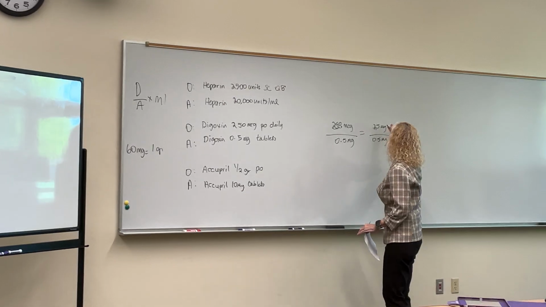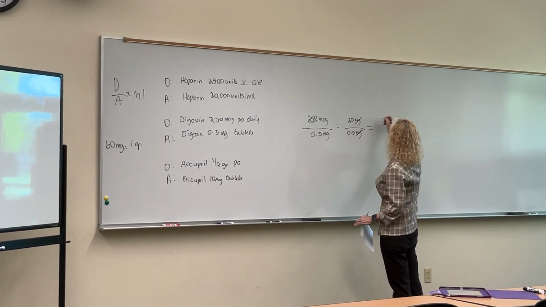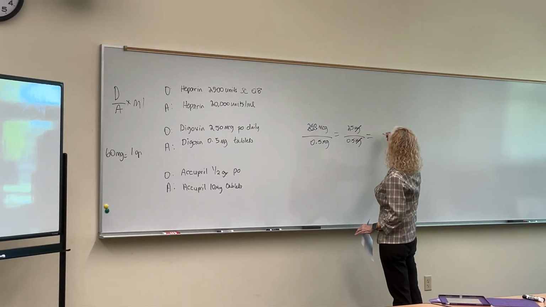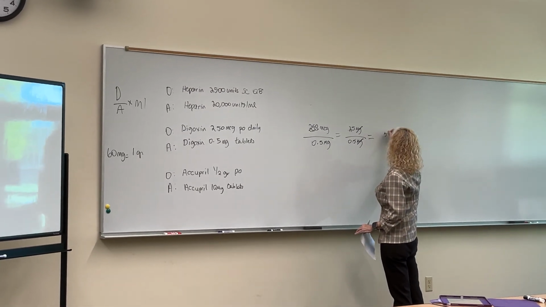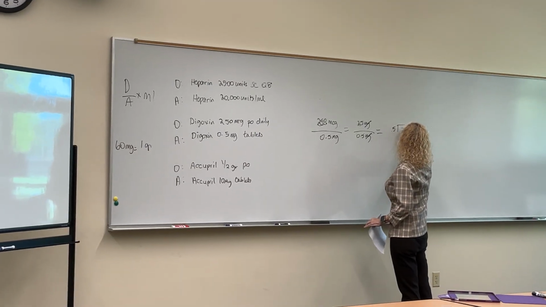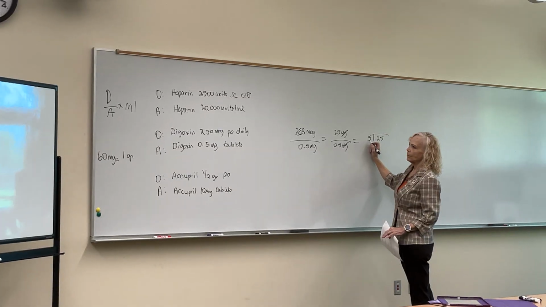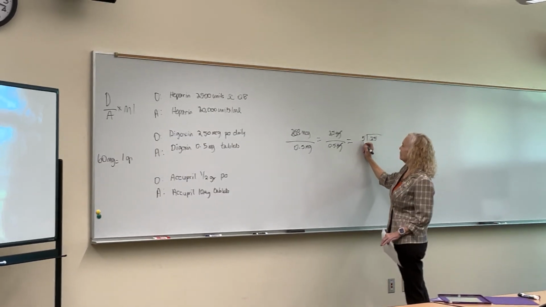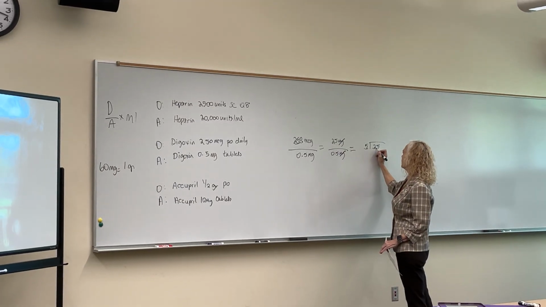So now we have the same unit. We can cancel those. So we have to divide this, we divide the denominator into the numerator. So it's 0.5 into 0.25 milligrams. And in the rules of division, there can't be a decimal on the outside. So we move the decimal once, we move this decimal once.